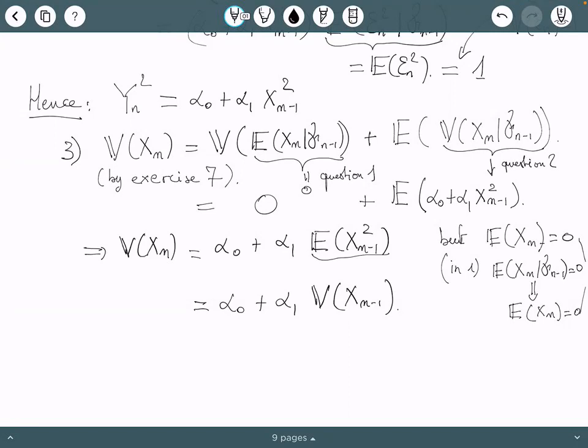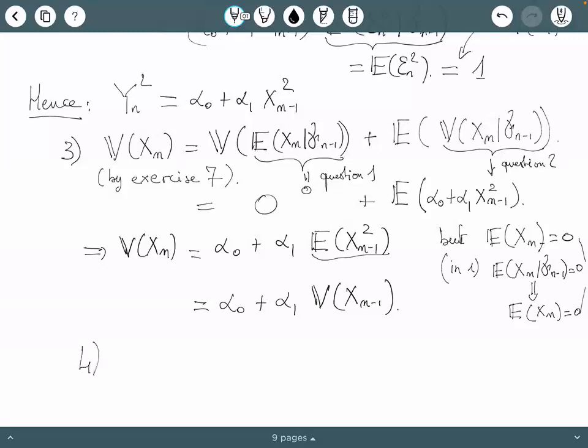Okay, good. Now you see it's maybe not so interesting from the probabilistic point of view, I don't know if I have to finish this exercise, because now you have some arithmetico-geometric recursive relation.